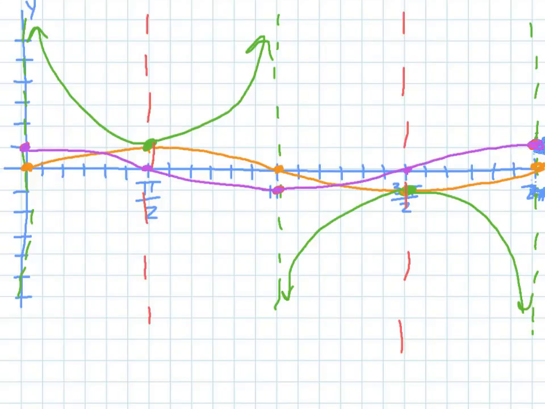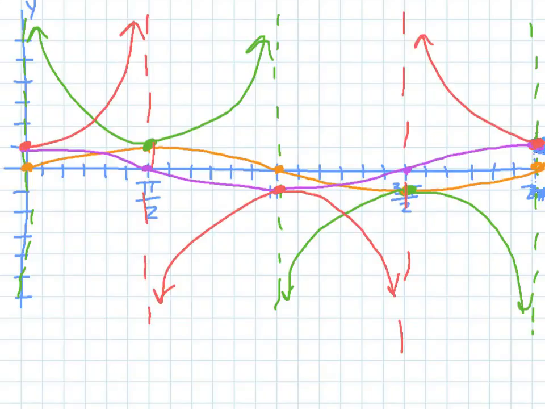Okay, so doing the same thing with our secant graph, you want to go the opposite way, so the lines should approach our vertical asymptotes. Okay, so we should get a graph that kind of looks like that.